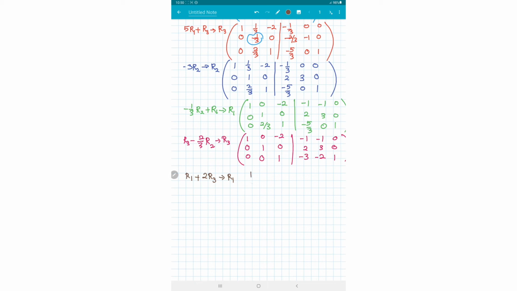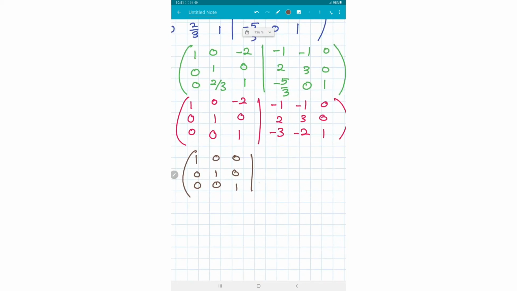So I have 1, 0, 0, so this one will become 0, 1, 0, 0, 0, 1. Here it will become negative 3, 2, 3, negative 2, 0, 1.